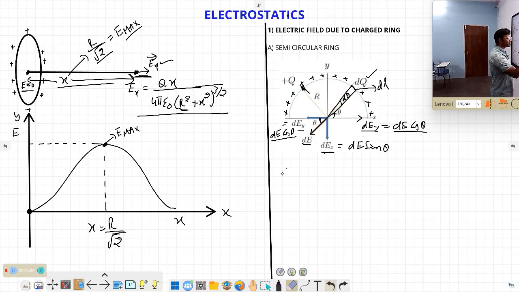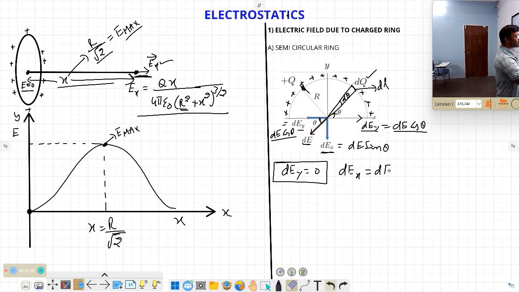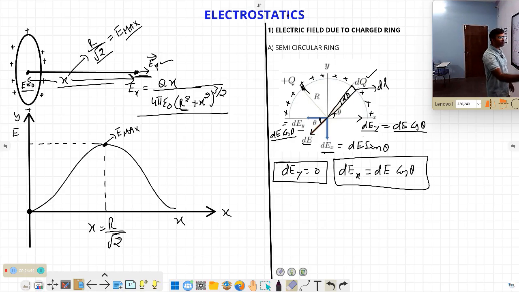That means dEy becomes equal to 0, but dEx is not 0, it is equal to dE sin theta. This changes from where to where? The theta value changes from 0 angle up to the elementary portion at 180 degrees, that is pi, so you can integrate from 0 to pi. So complete.